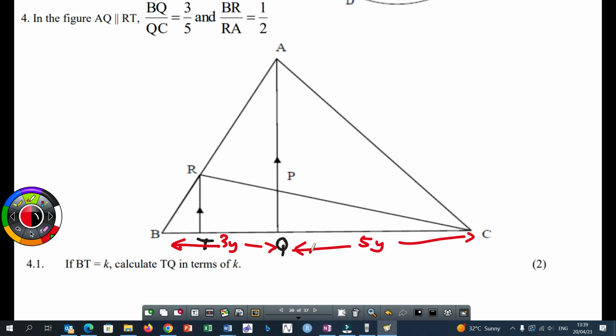And then BR over RA. If you use another constant, don't worry about it.